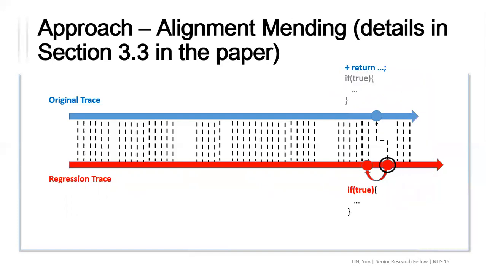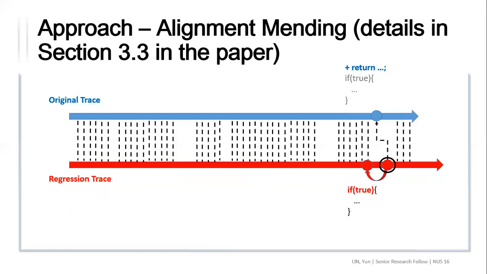In the alignment mending, we can locate the unexecuted code as the root cause. Here, we still start with a step on the regression trace. If this trace step cannot be aligned with any step on the original trace, it means that it should not happen.